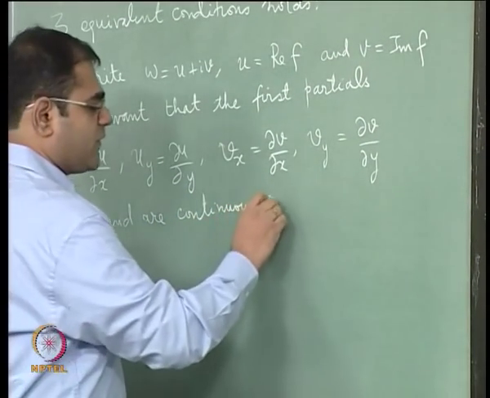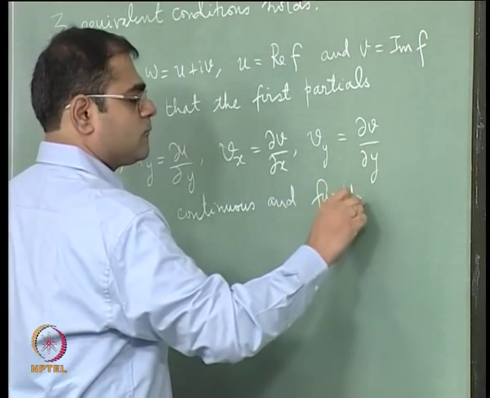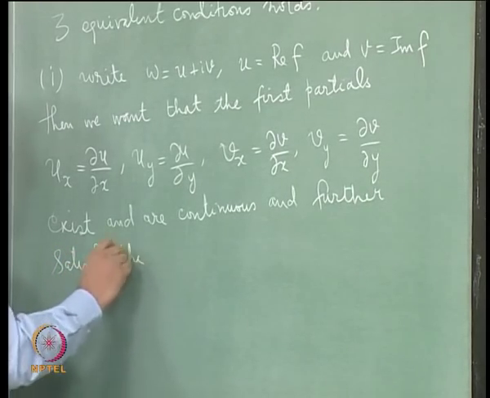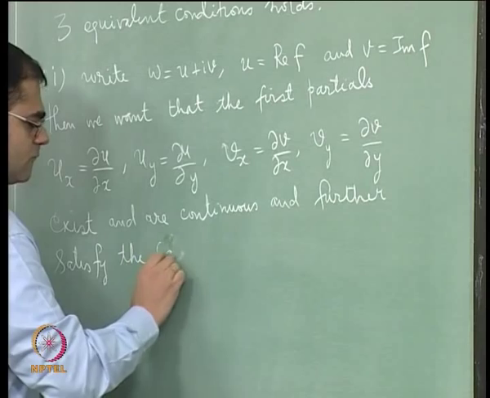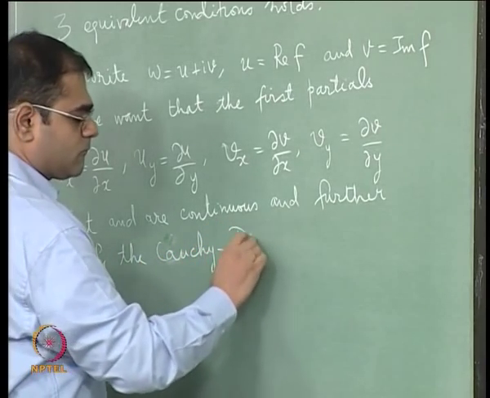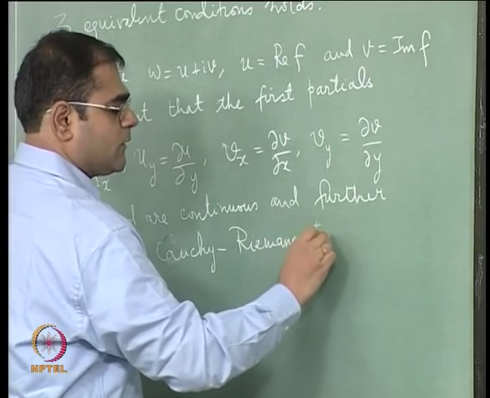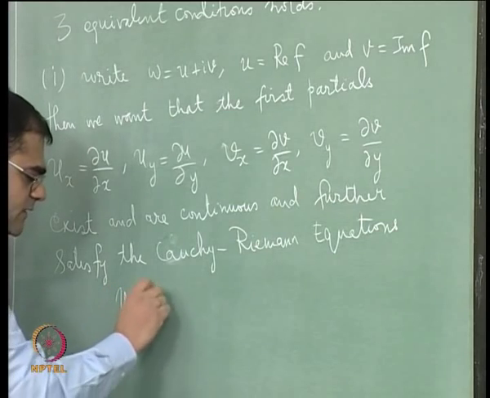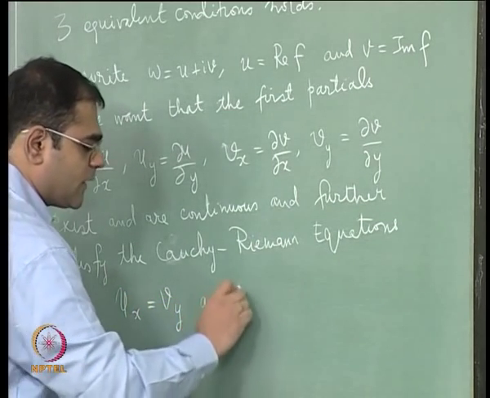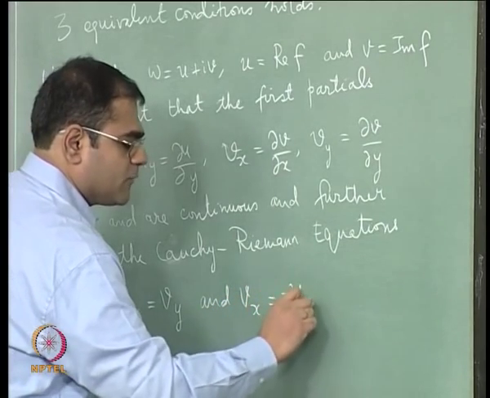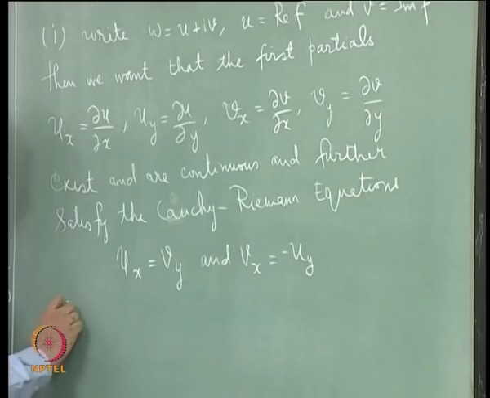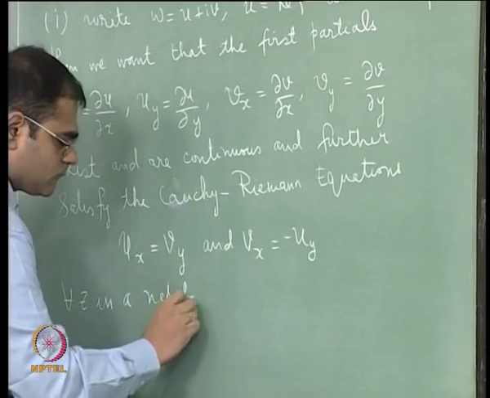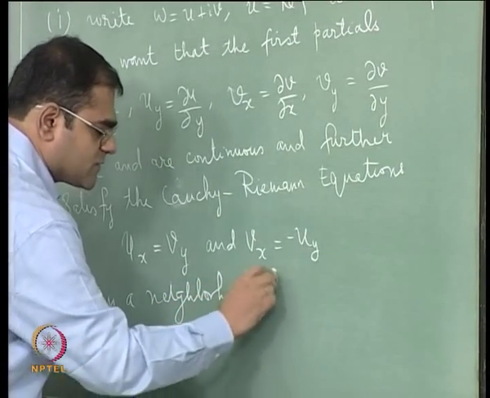and further satisfy the Cauchy-Riemann equations: ux is equal to vy and vx is equal to minus uy, for all z in a neighborhood of the point z0.